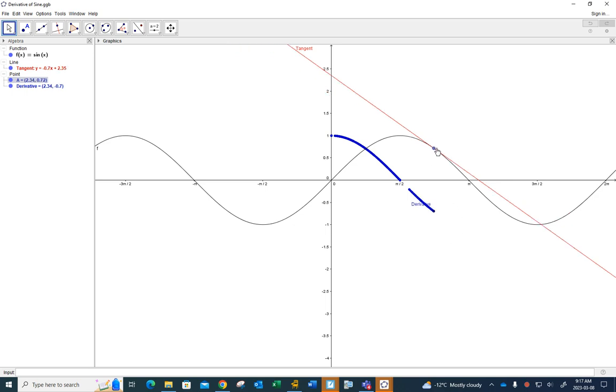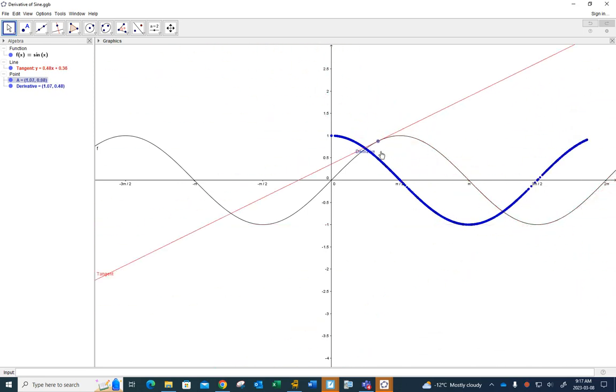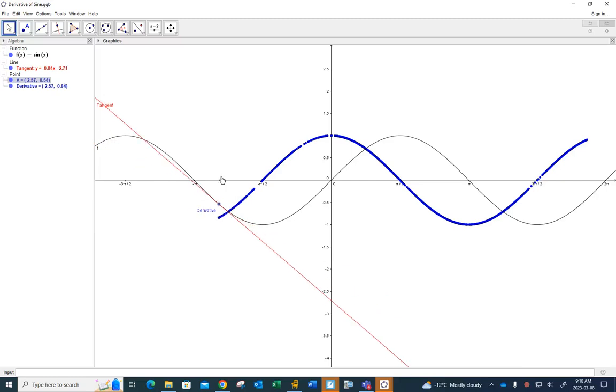So we do this and we keep going, and wow, does it make a nice looking curve? That's kind of cool. What is the blue one? Right? If the regular one was sine, the derivative is cosine.